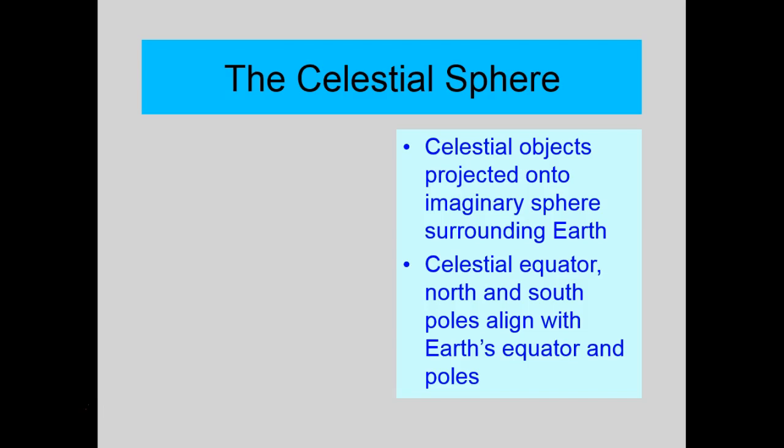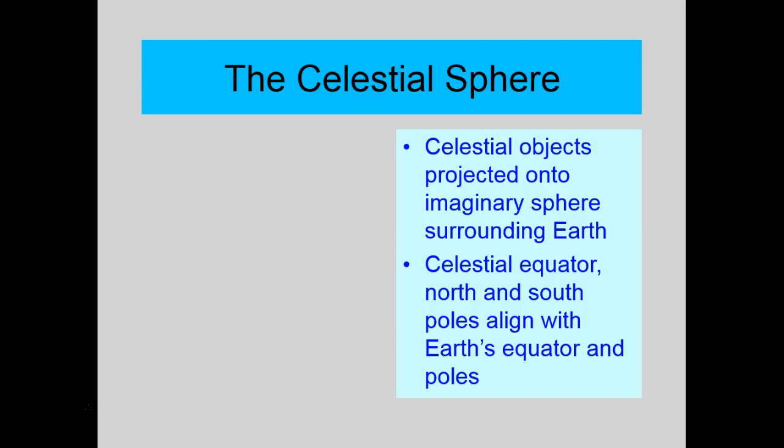Now, if you had an imaginary circle around here, what do we call that circle? The equator. Then you projected the light, and that would form an arc that goes across like this because of the angle of this. That's what we call the celestial equator.